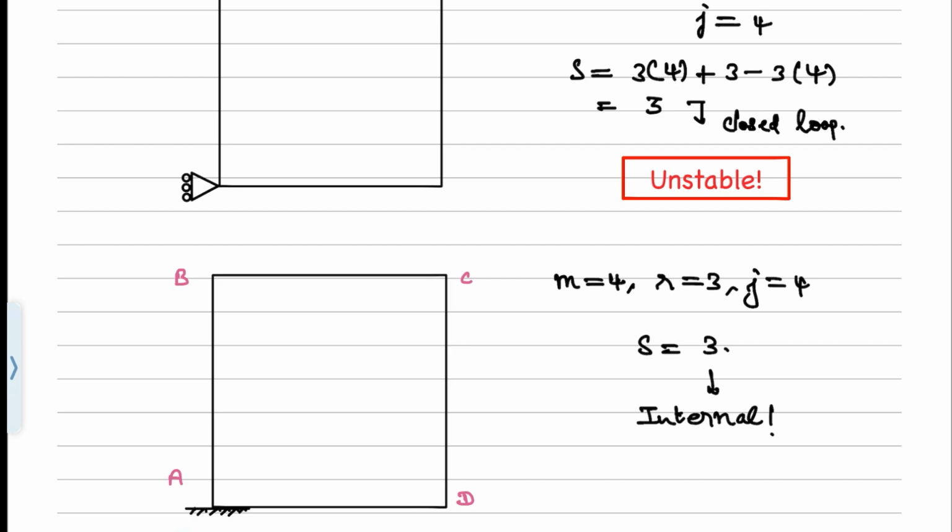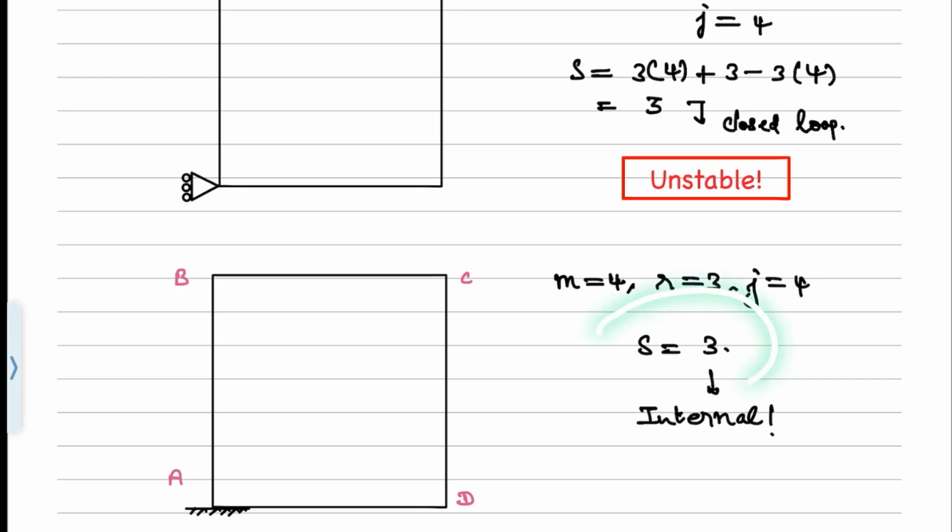Because we see that these three reactive components are essential to make sure that the frame as such doesn't move as a rigid body. I mean to say, if this entire frame should not undergo a rigid body translation or rotation, these three reactive components are a must. So there is no more argument about external indeterminacy.